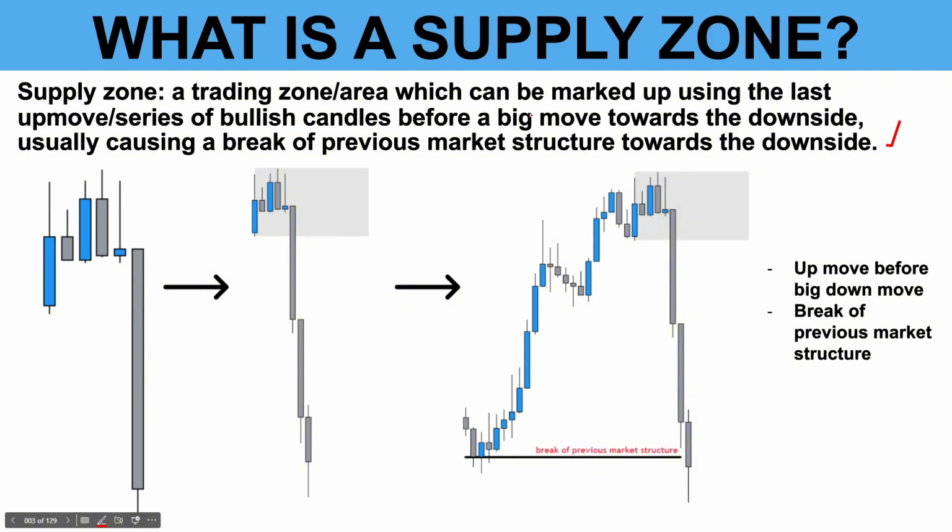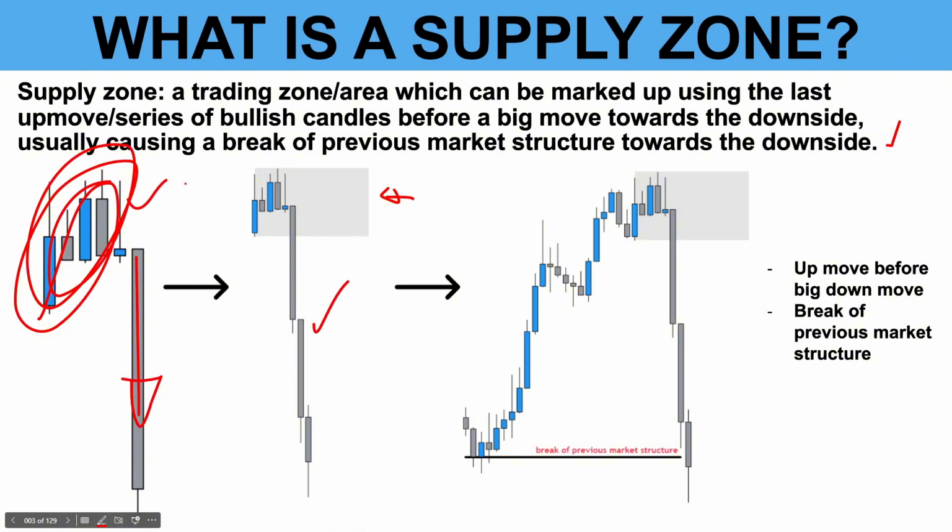So the 3 things that we've gone through so far: a trading zone or area which can be marked up as the last up move or series of bullish candles before a big move towards the downside. So here we can see the last up move in this movement before the big drop towards the downside is this series of candles here. We mark it up using a box, and this is the apparent big move towards the downside, right? And the last thing we mark up is that previous break of structure.